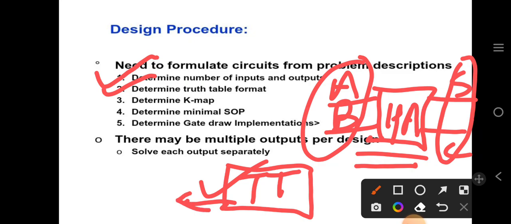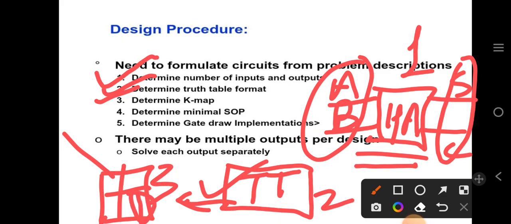From the truth table you can draw the K-map, for example, we have drawn this K-map. So the first stage is determining inputs and outputs, the second is the truth table, and the third is the K-map. Now the fourth stage is to determine the minimal SOP. From the K-map you can draw the SOP equation, and this is the fourth stage.